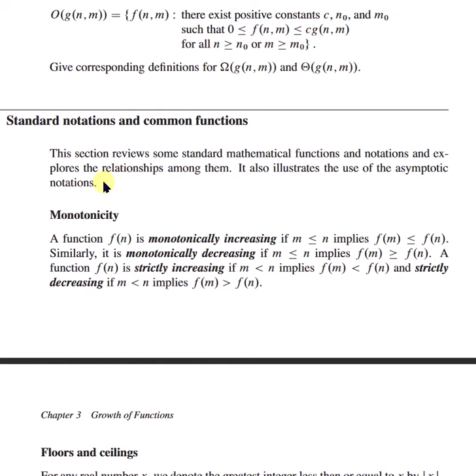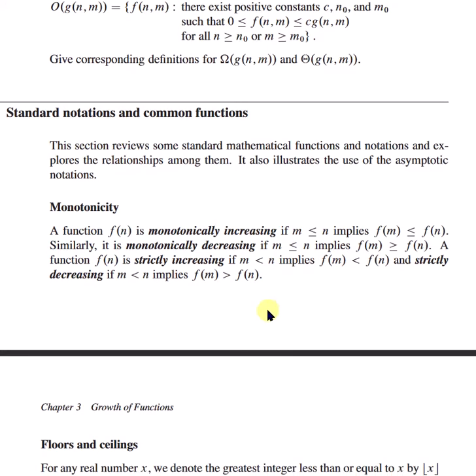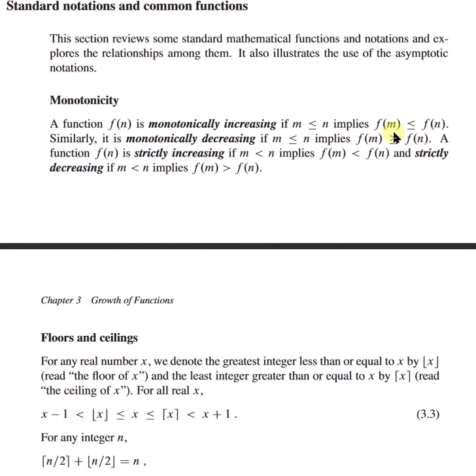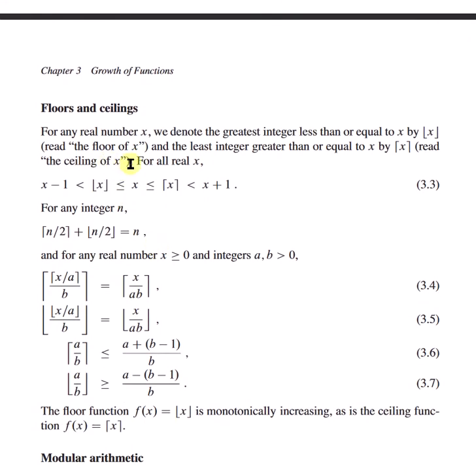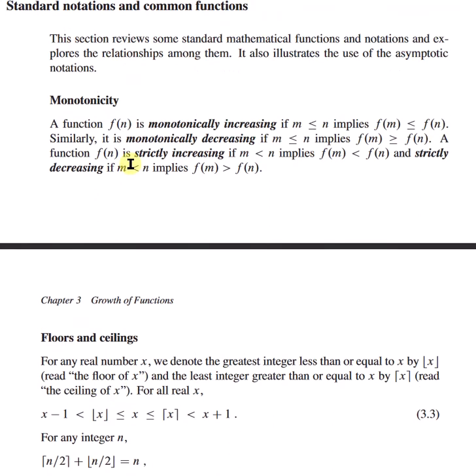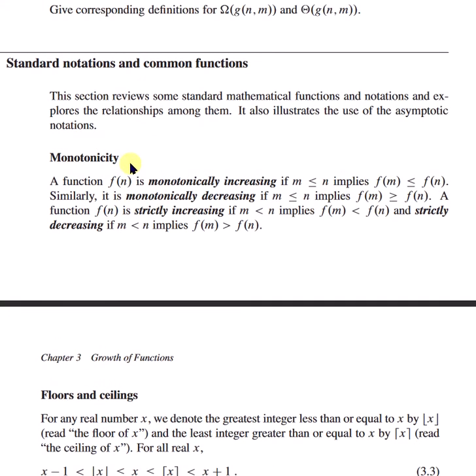Monotonicity. A function f of n is monotonically increasing if m less than or equal to n implies f of m less than or equal to f of n. Similarly, it is monotonically decreasing. A function is strictly increasing, okay, we know all this. Floors and ceilings for any real numbers. Basically what they're trying to tell us is, if a is less than b, let's say the function f of n is n plus 3.